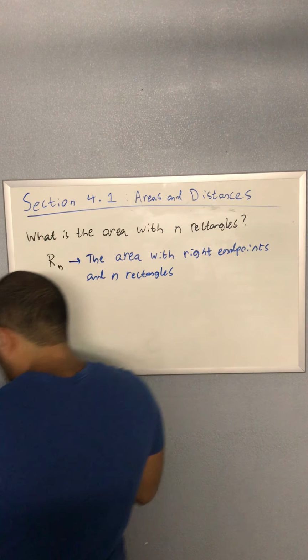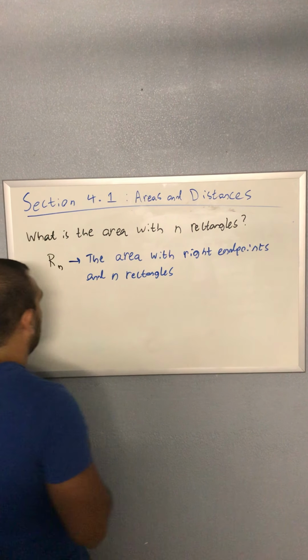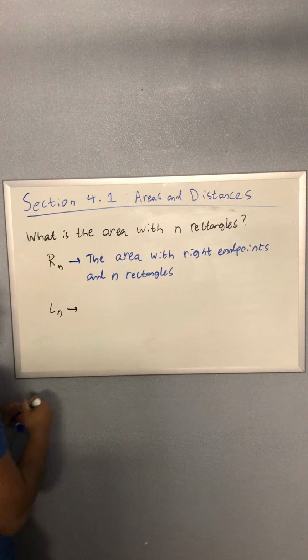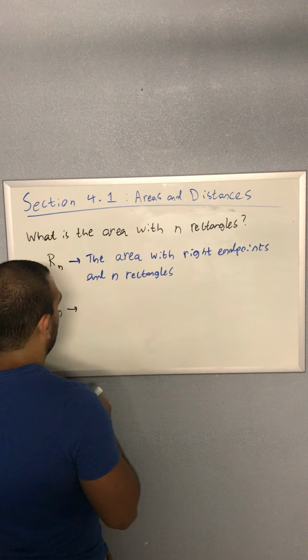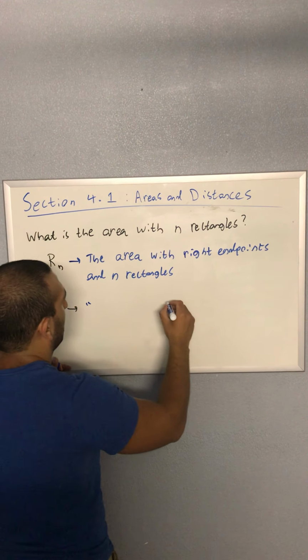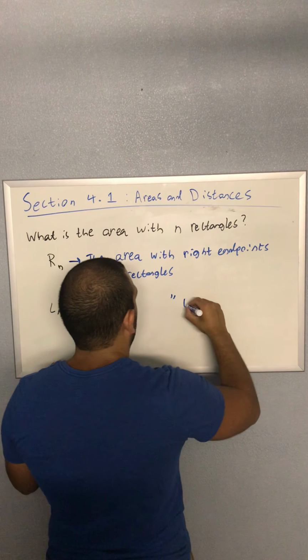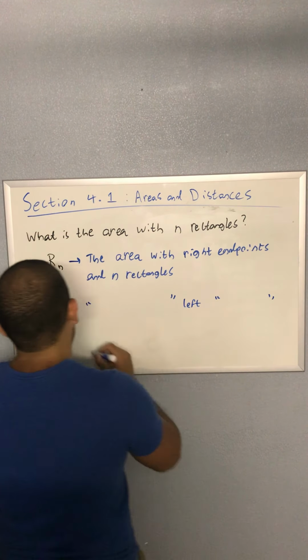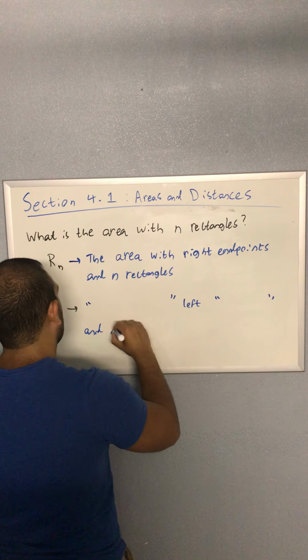And then you might suspect what L sub n would be. L sub n is the same thing, the area with instead left endpoints and n rectangles.